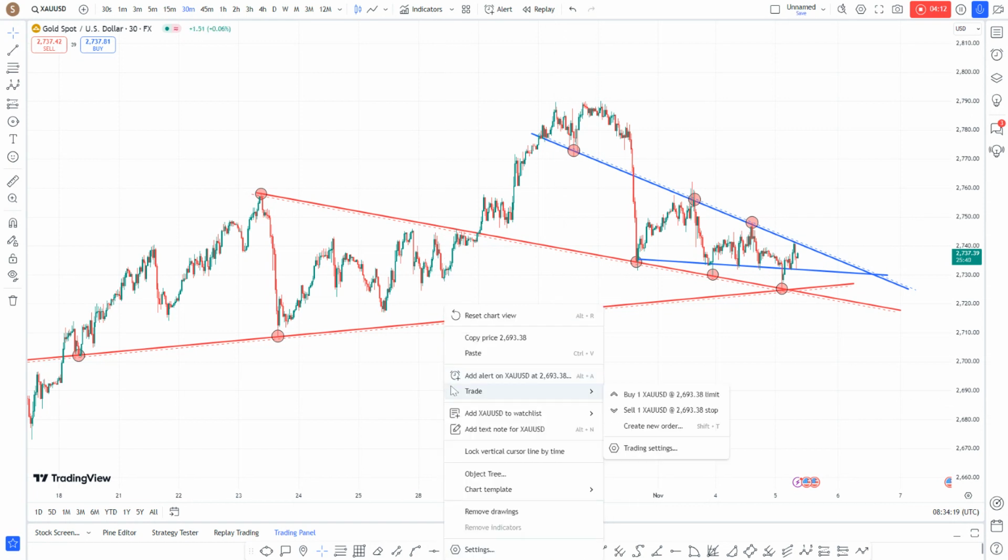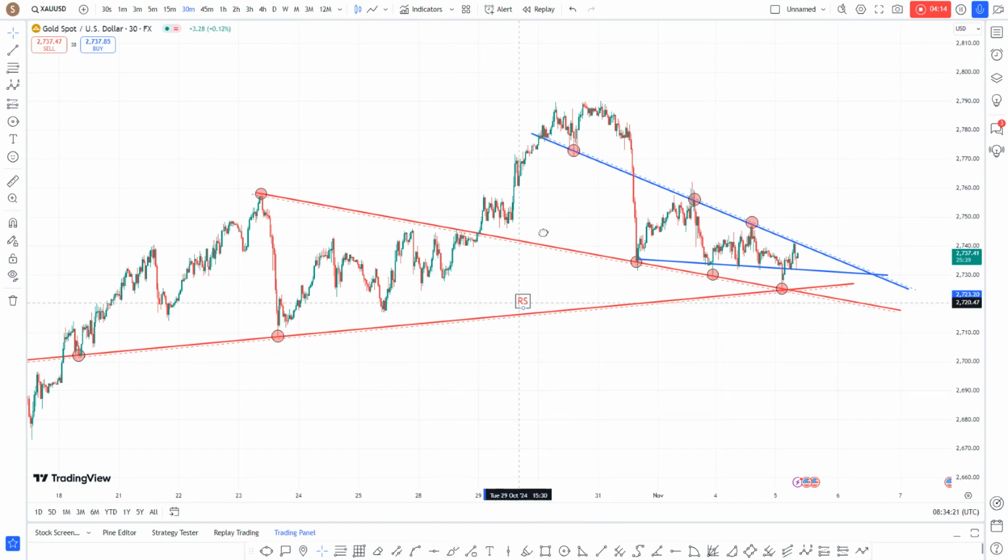and on the bottom side is RS structure. These are all RS structure, and we have here SR, support become resistance and breakage structure.